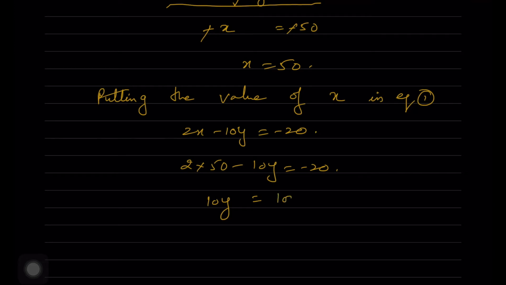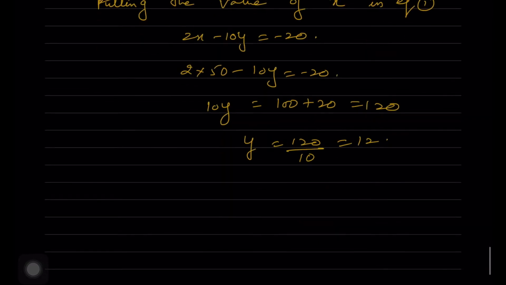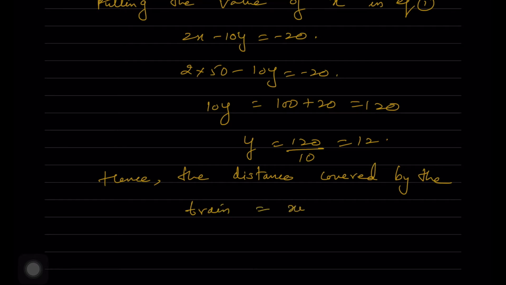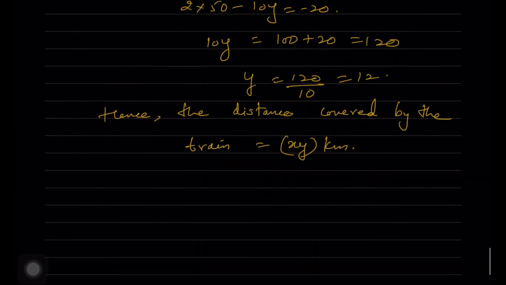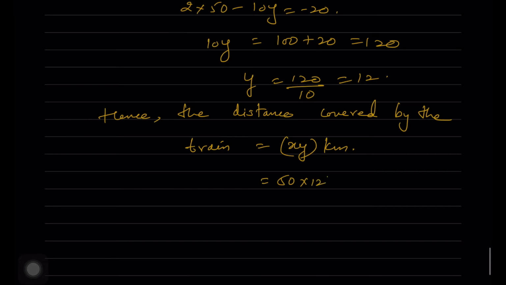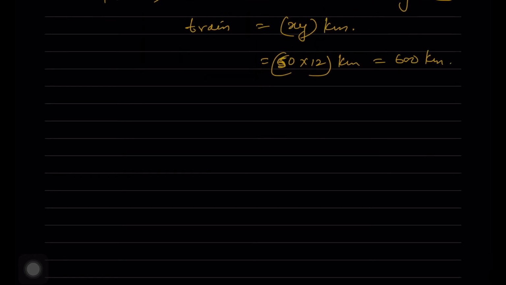So minus 10y is equal to minus 120, y is equal to 12. Hence the distance covered by the train is nothing but x into y, where we got the value of x as 50 and y value as 12. So 50 into 12 is equal to 600 kilometers. This is the answer.